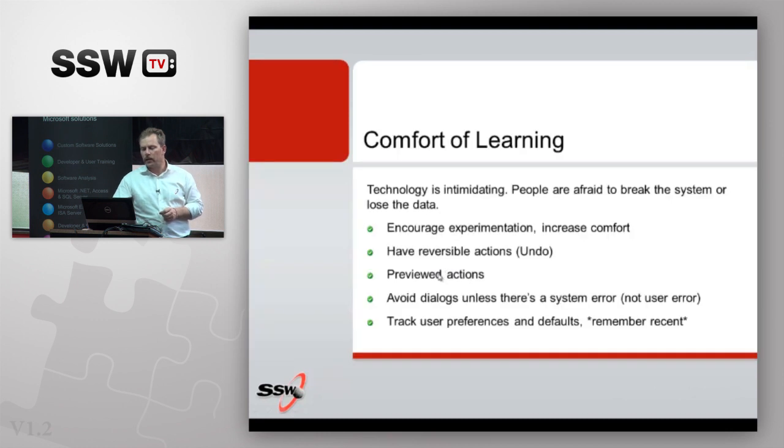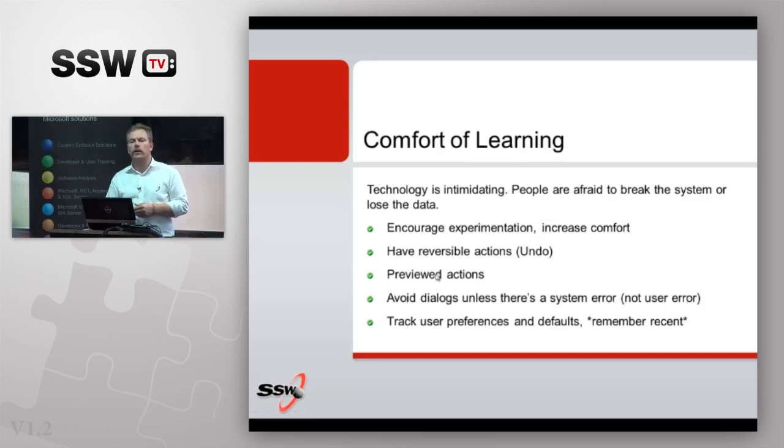So here's the overarching principle. Encourage experimentation. Have reversible actions. One of the things that Coatsy has mentioned to me, and I think I concur with that, is previewed actions. When you hover over something and it kind of shows you.